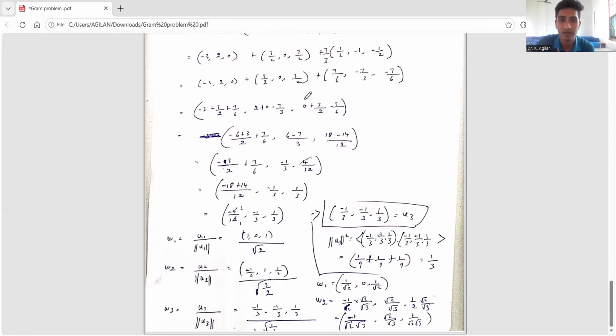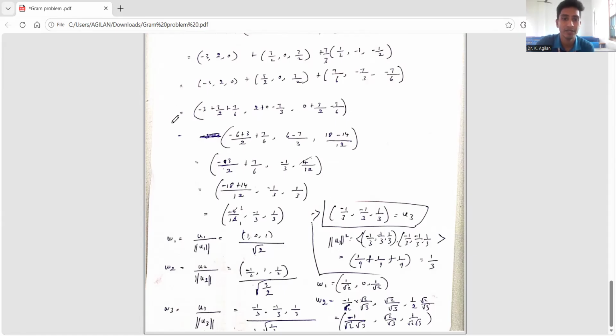The corresponding values only should be added. So minus 3 plus 3 by 2 plus 7 by 6, comma, 2 plus 0 minus 7 by 3, comma, 0 plus 3 by 2 minus 7 by 6, right?